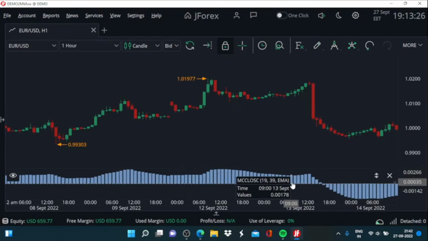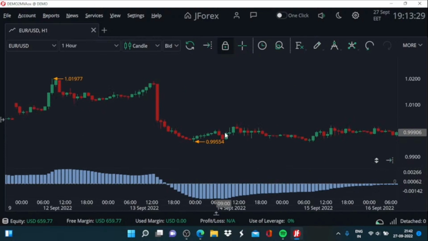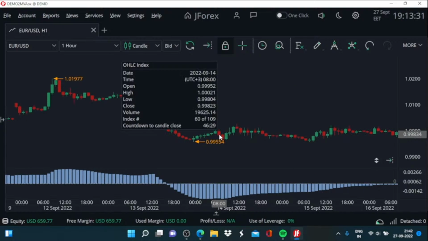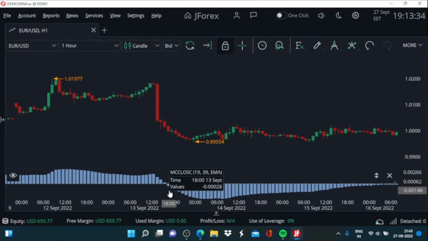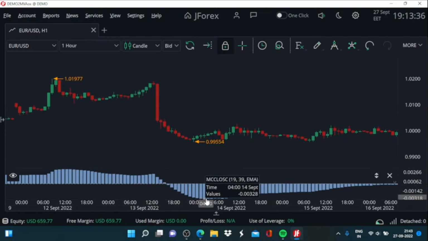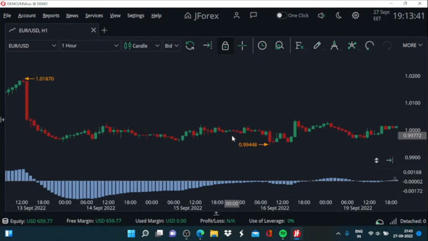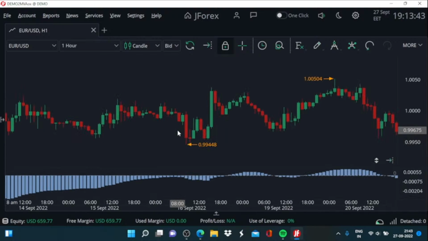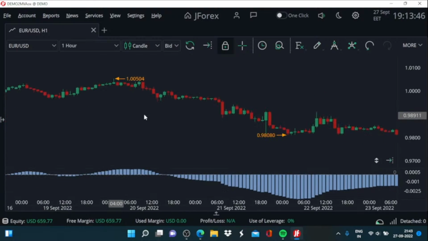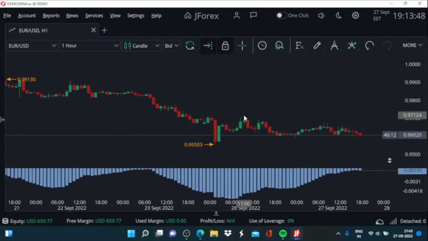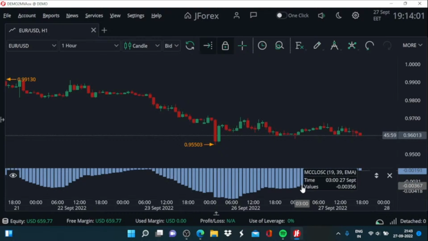It still remains in the positive territory, and only when there is a significant reversal, price changes direction, and the output declines and enters the negative zone. This way we get a good sense of the prevalent sentiments in the market, and accordingly all we have to do is play on the side of the trend, as trend is your friend. So it is better to consider the trend and then make your trading decisions.